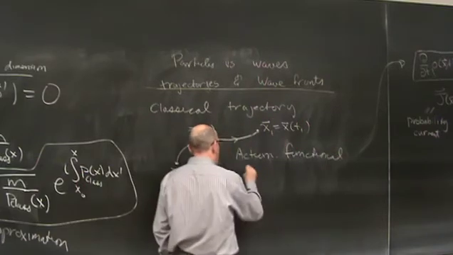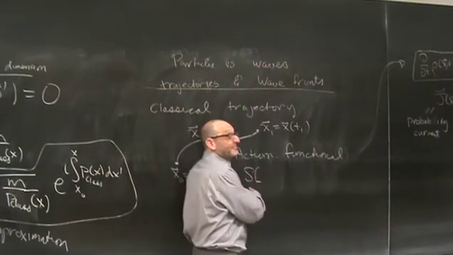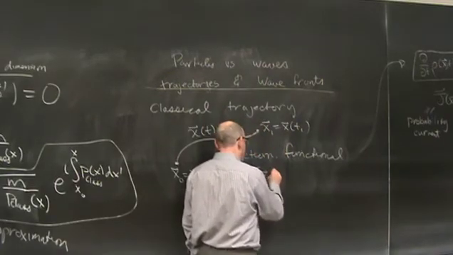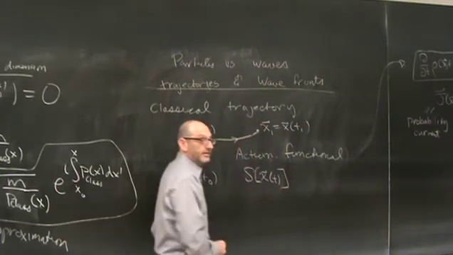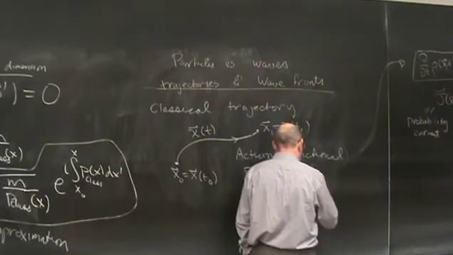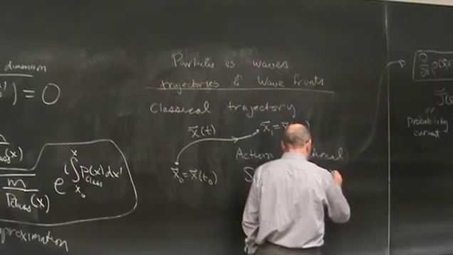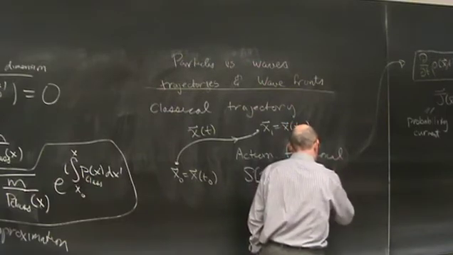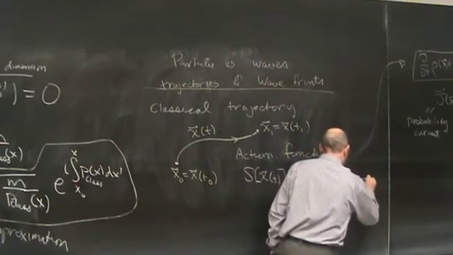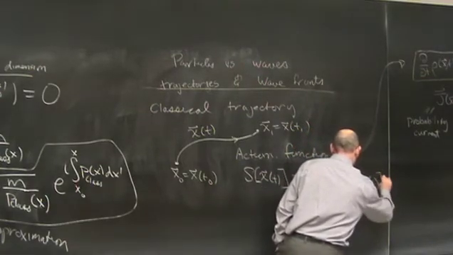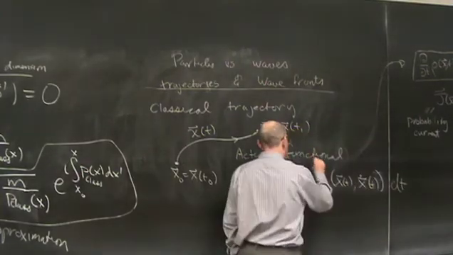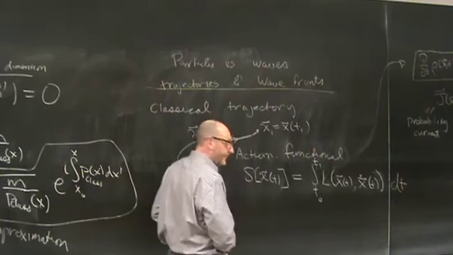Let's just say, the action, I'm calling it S, depends on the particular trajectory. And given that trajectory, what I do is I integrate the Lagrangian, which I substitute in that trajectory and its time derivative for that particular trajectory, integrated over time from the initial to the final time. Okay?